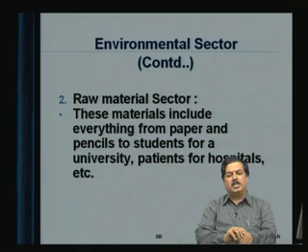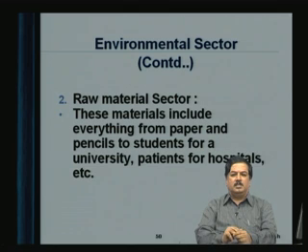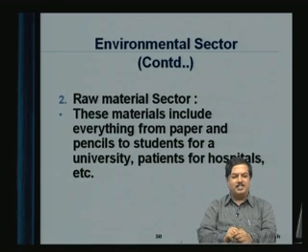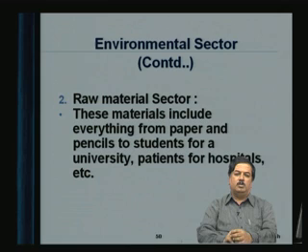And the second part is the raw material. So the raw material sector means, in a university system, it could be the paper, the pencils, the technologies. When people talk about the hospital, it is the patients. It is a very wrong thing to talk about patients as raw material, but what is important is that students are a kind of raw material for educational institutions, as patients are for a hospital system.